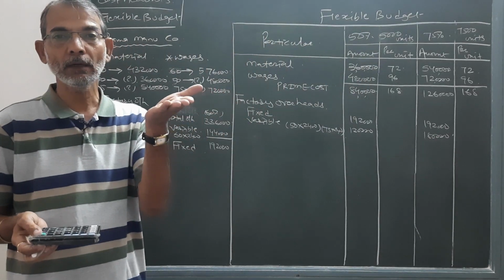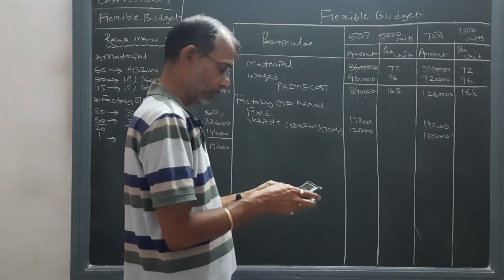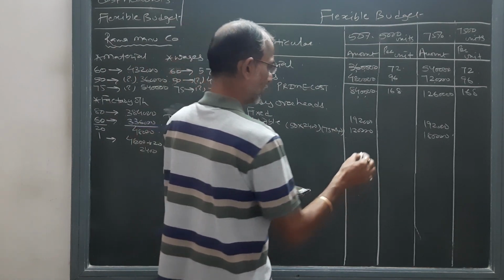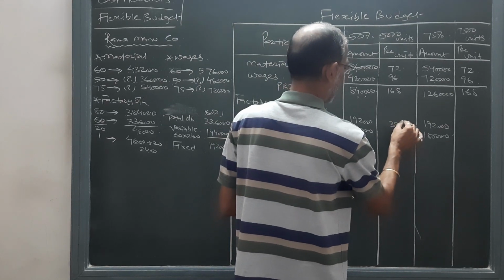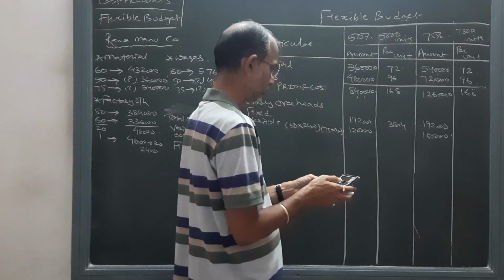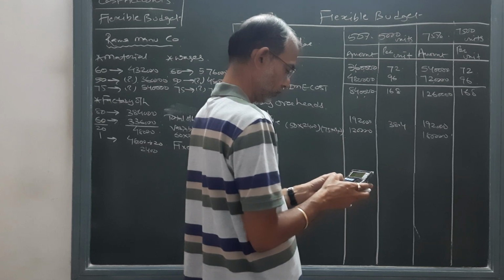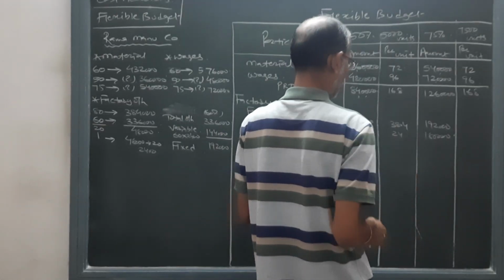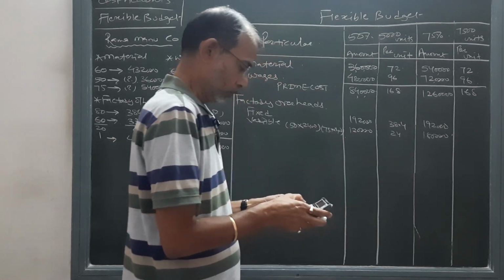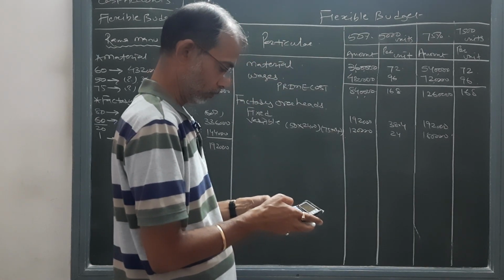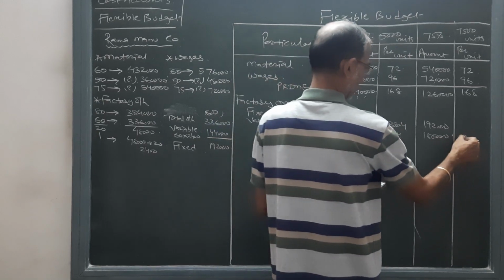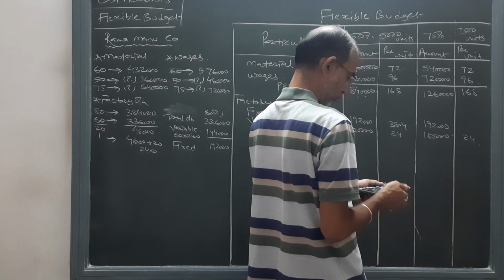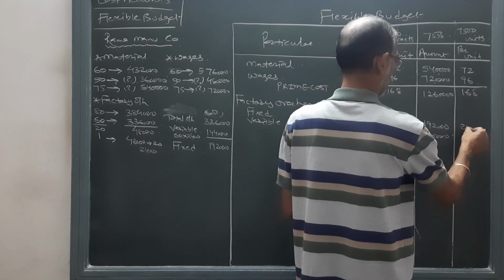Now to find per unit, I will divide 192 by 5,000. So that will be 38.4, and this will be 24. And fixed will be 25.6.